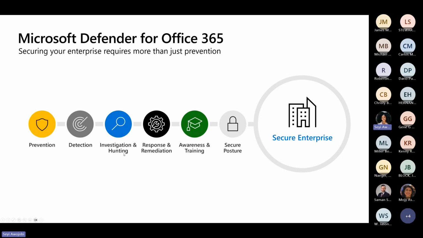With the Plan 2 version, Microsoft can do automatic investigation and response, where without any intervention from your security teams, we can look through the alert, investigate, and perform remediation actions on it.